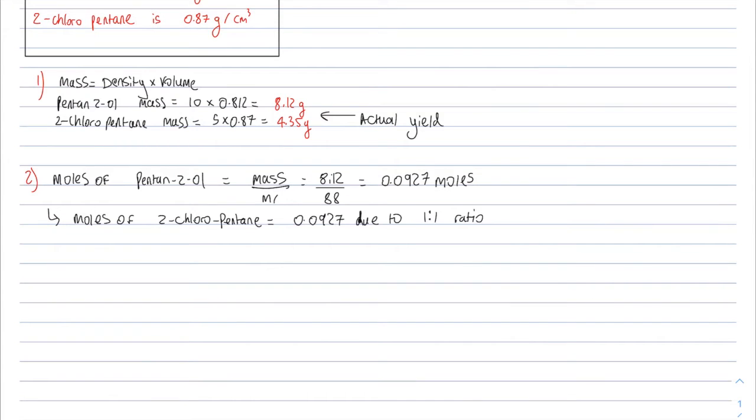Now, since we know the moles of 2-chloropentane theoretical, we can calculate the theoretical mass by doing moles times the Mr. So our moles multiplied by the molecular mass of 2-chloropentane, which is 106.5, and we get an answer of 9.8725.